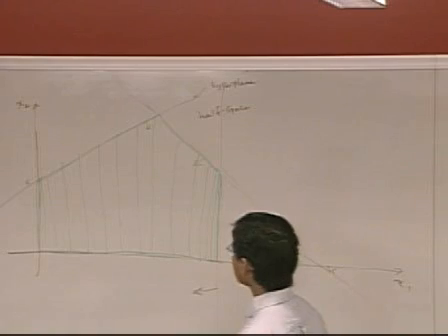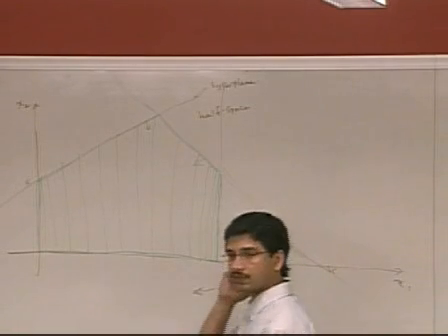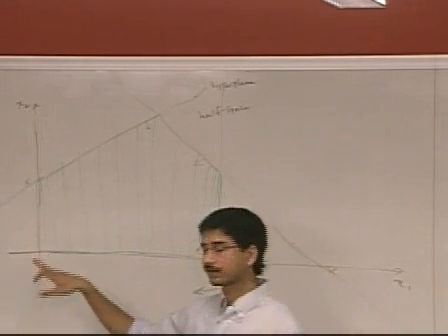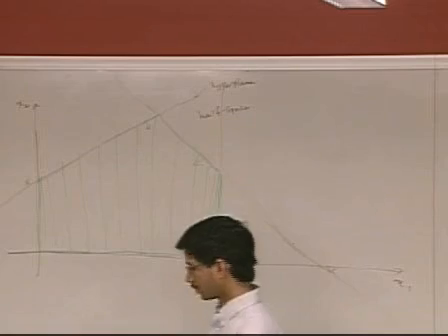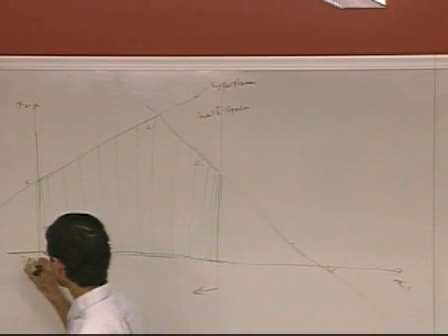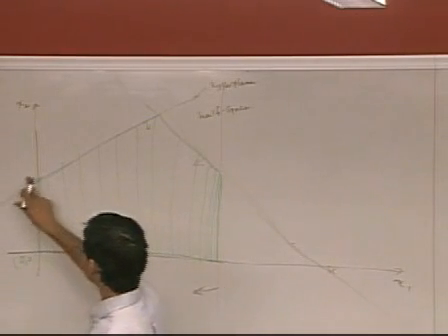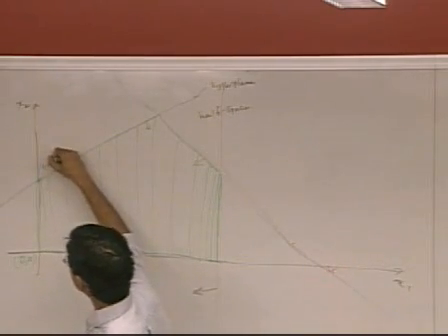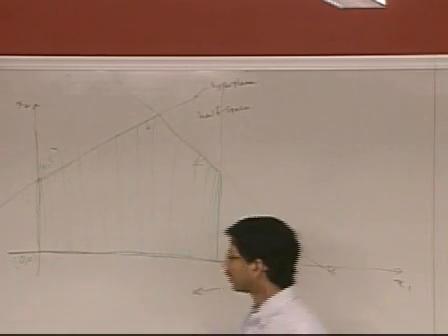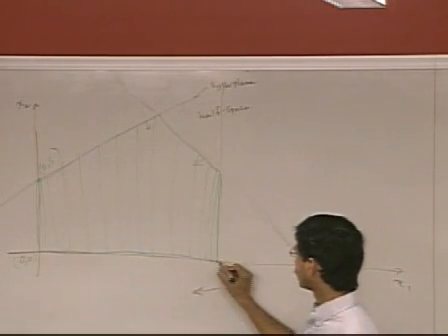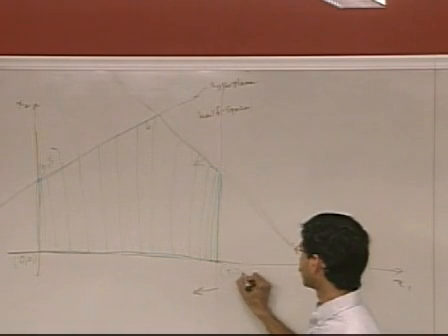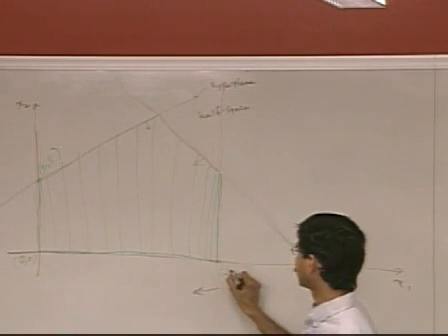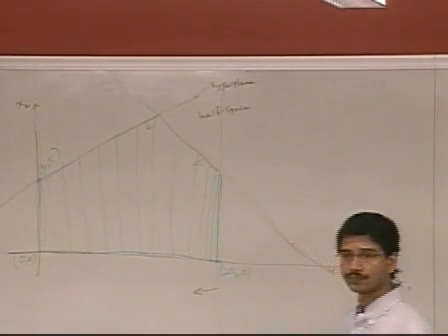Now, once you have the picture, it's fairly easy to determine the various points that are of interest. This is the origin. This, as I said, is the point 0, 5. This is 20, 0.